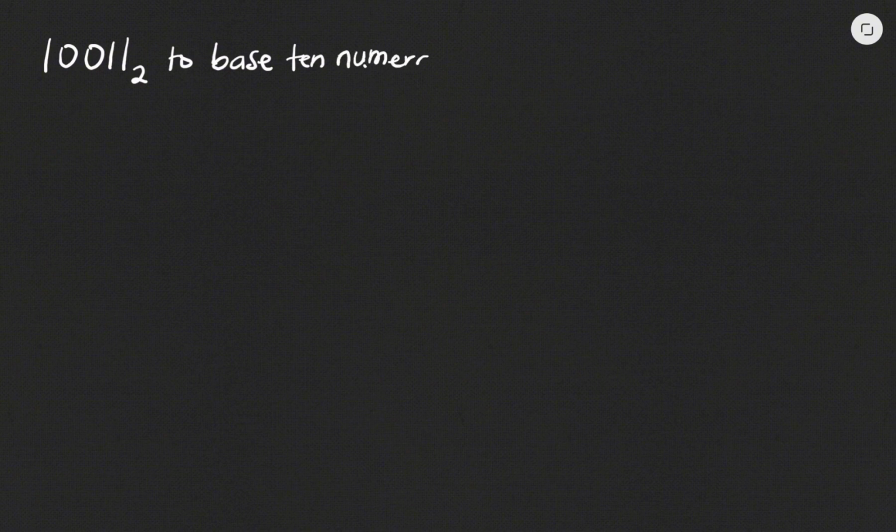We are to convert 10011 base 2 to base 10 numeral. Let's proceed to look at the solution to this problem. Over here we have 10011 base 2 to base 10.